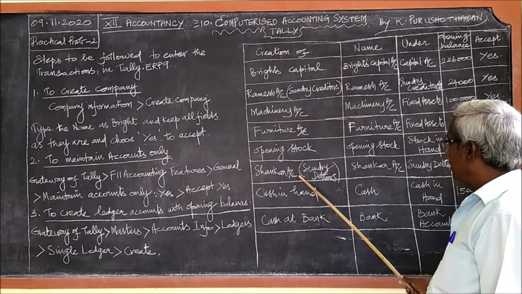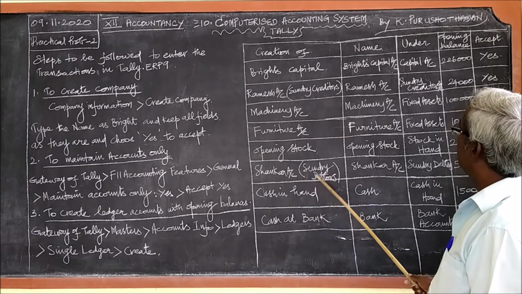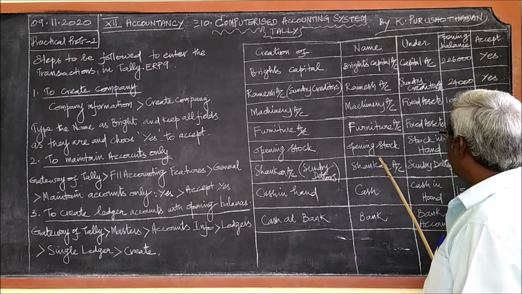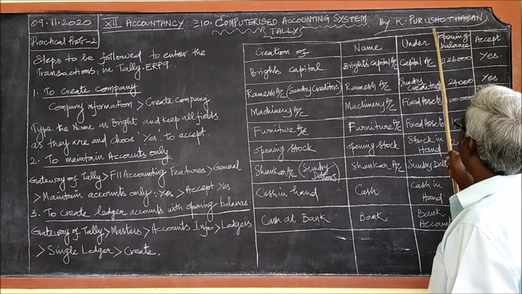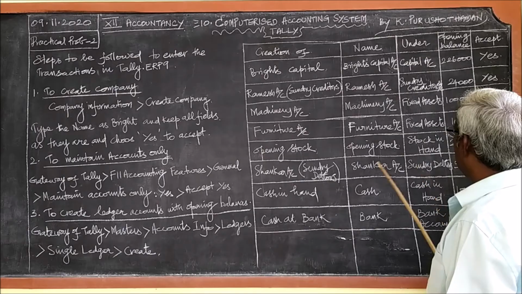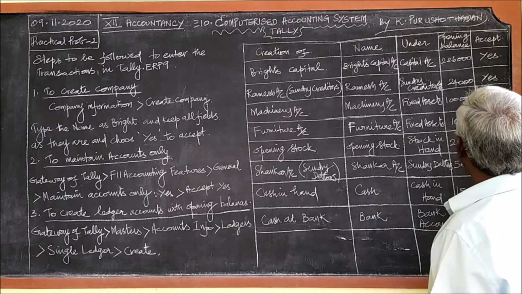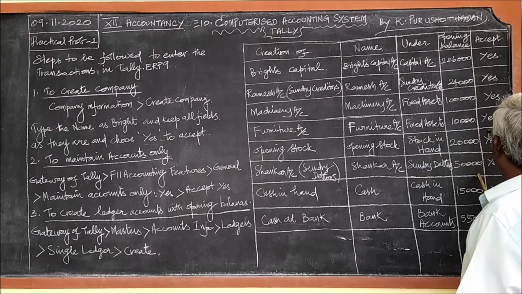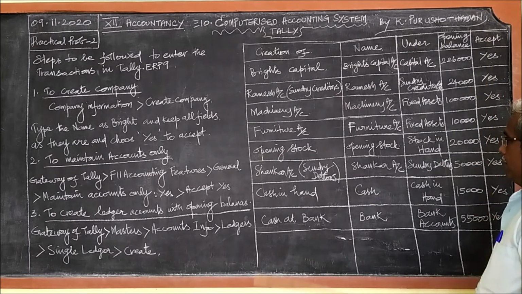So, creation of Sankar account is possible here. The name should be Sankar account only, and under sundry debtors, the Sankar account should be opened. The opening balance is 50,000. The process is over. Give the command yes to accept.